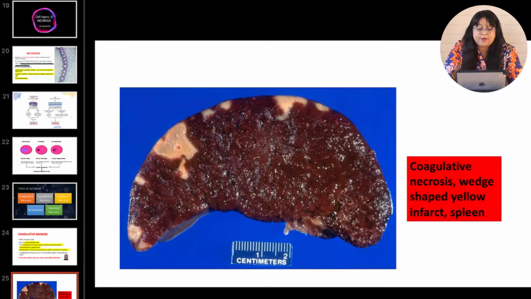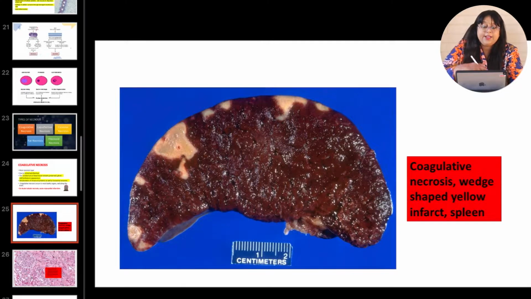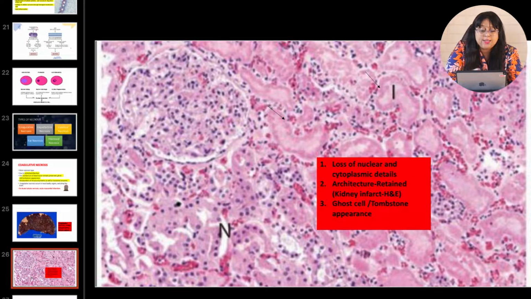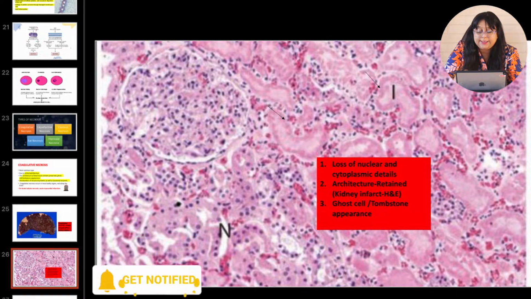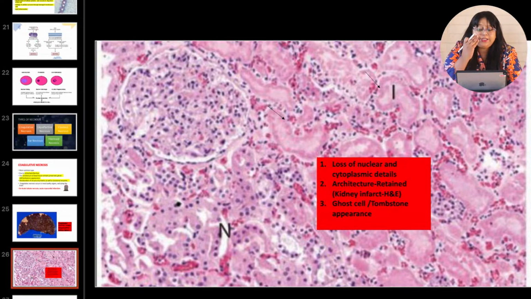In this micrograph, you can see an H&E section of the kidney, where here you can see the glomerulus and here there are tubules, and here you can see some other tubules. Appreciate the difference between this side and this side. As you can see in this micrograph, one side you can see there is presence of architectural details, while in the infarct side there is loss of the architectural details.